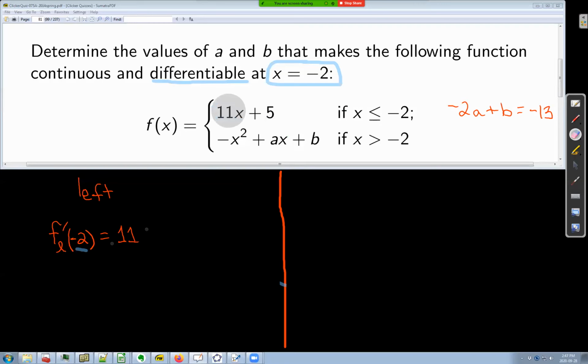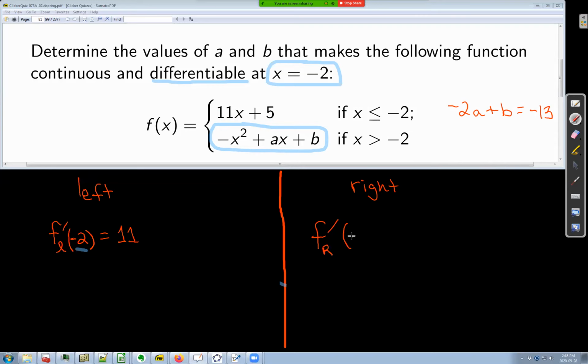Okay, and now let's look at the right-hand slope. So for the right-hand derivative, the derivative on the right, I'll say f prime, and I'll put a little r for right.